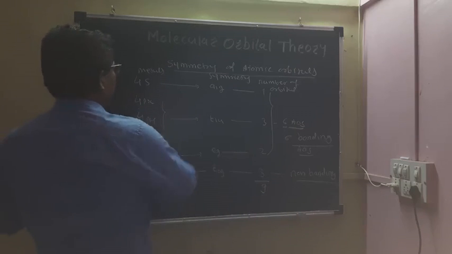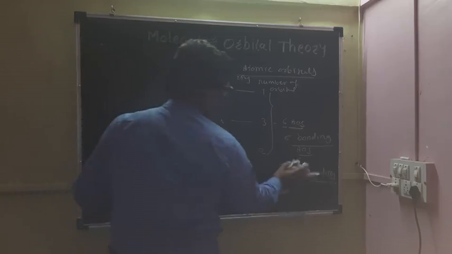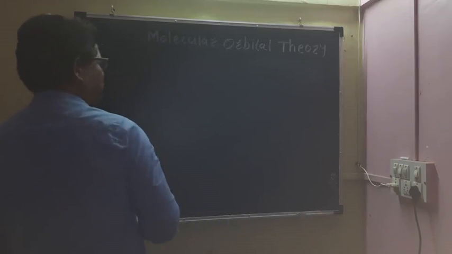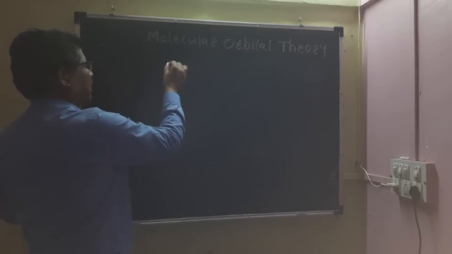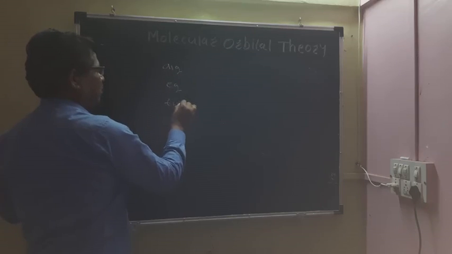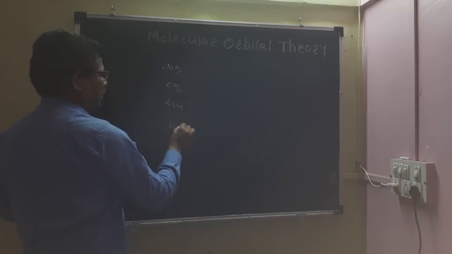According to group theory, the orbitals are labeled A1g, Eg, T1u and T2g.